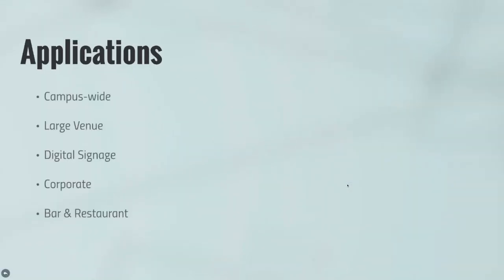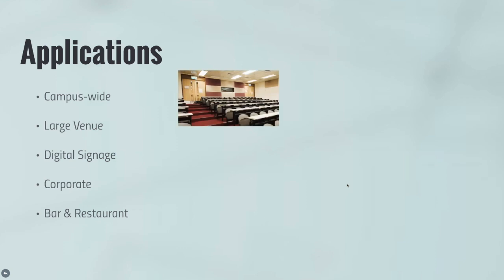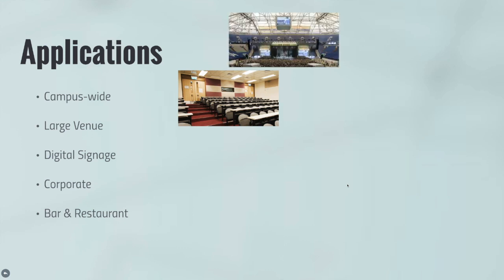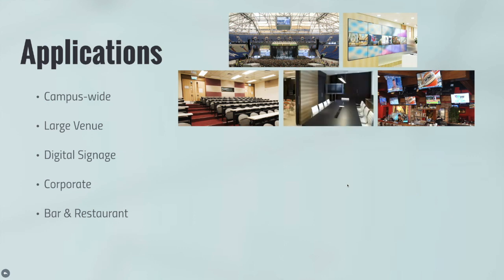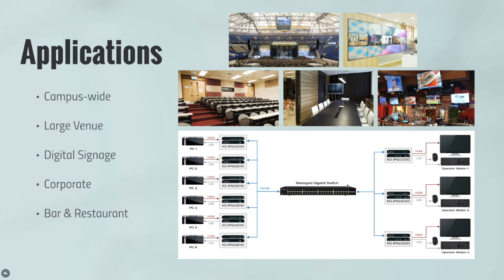Typically at Key Digital, we recommend using AV over IP in larger applications that may cover great distances or perhaps just go beyond that traditional 4x4, 8x8 traditional HDMI matrix switch. This has been a very popular product for us in multi-building applications, large venues, digital signage in sports bars, and corporate AV, where they want to have many of the sources, many of the displays, but even the sources are decentralized from that equipment rack.